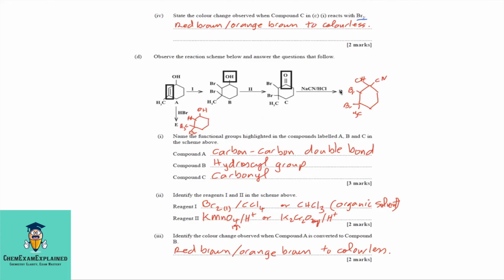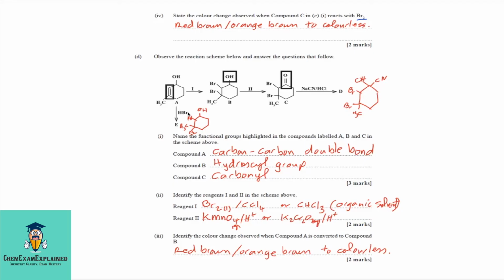That's compound D. So you see where we have back our Br, and we have CH3 here. And right here is where the HCN would be added. H to the oxygen and CN would be added to the positive carbon to get your hydroxynitrile.